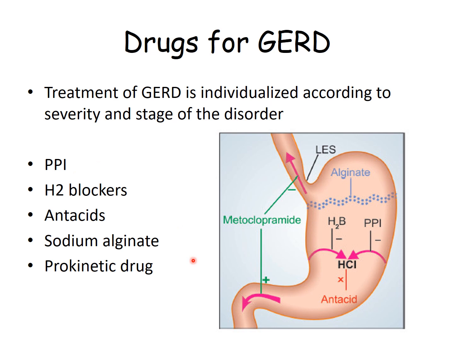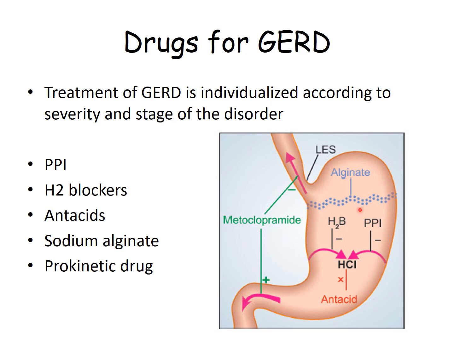Prokinetic drugs, which you already saw in the antiemetic class, help to increase the tone of the lower esophageal sphincter and also help to release the tone of the duodenal sphincters. So it increases the peristalsis. In the figure you can see that it reduces the upward movement and increases the forward movement.